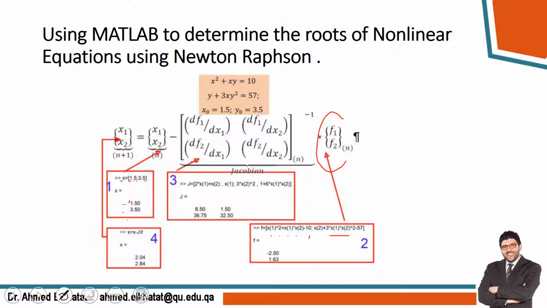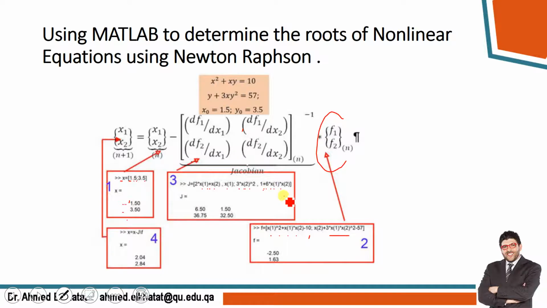Here for the Jacobian, J equals 2 times x1 plus x2, comma, this one will be only x1. Then for the second line, 3 x2 squared plus 1, and 6 x1 times x2.